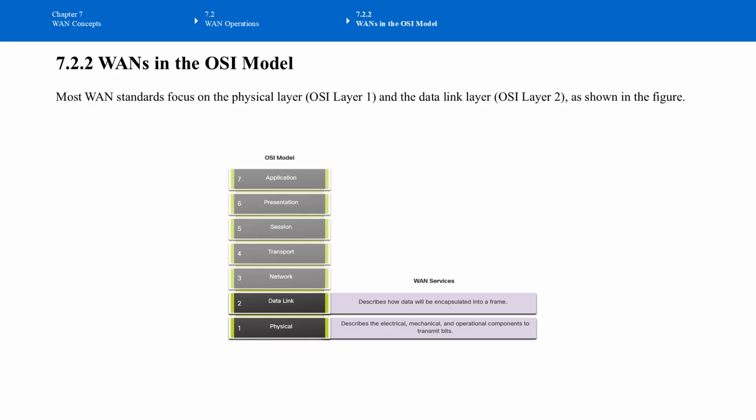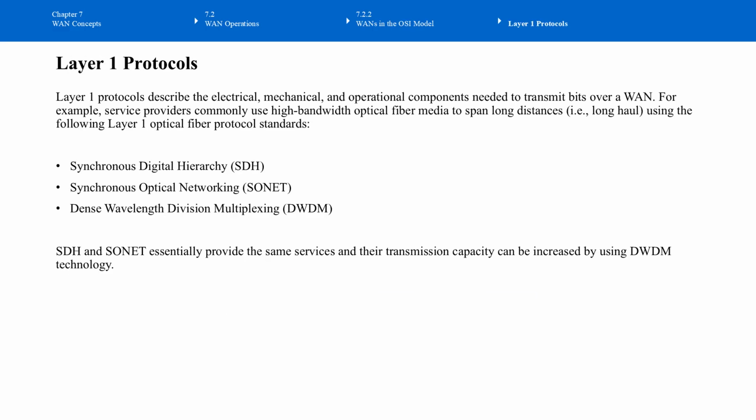Most WAN standards focus on the physical layer and the data link layer, as shown in the figure here. Layer 1 protocols describe the electrical, mechanical, and operational components needed to transmit bits over a WAN.